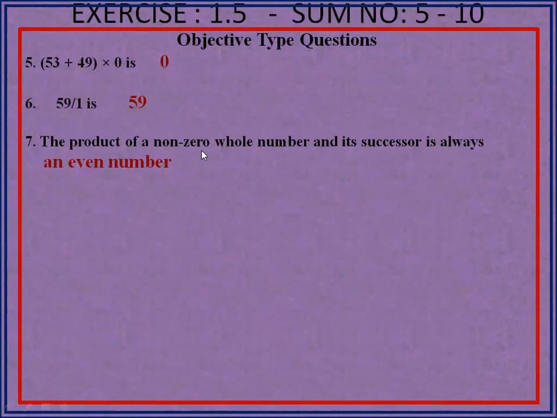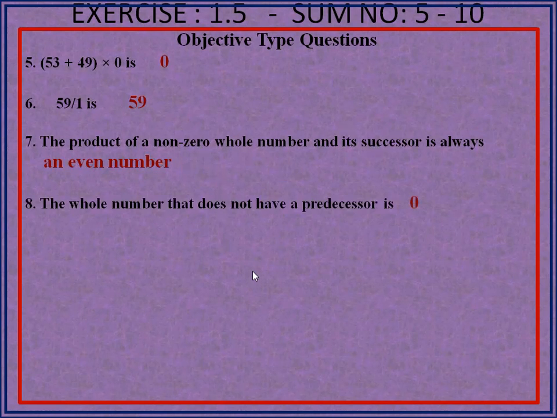For example, 1 into 2 is 2. If you take 2 as a number multiplied by its successor 3, it is 6. So it's always an even number. The whole number that does not have a predecessor is 0. 0 is the whole number which doesn't have a predecessor.